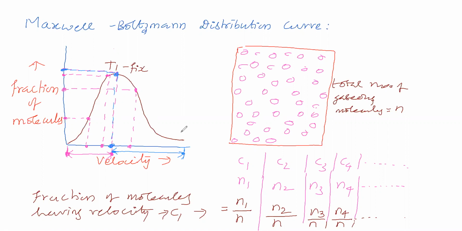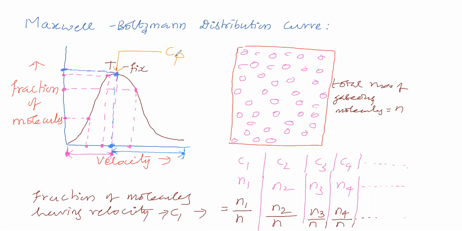Okay, now you say, what is this velocity called? It is the maximum fraction of molecules possessing this velocity. This velocity is called, you are correct, the most probable velocity.